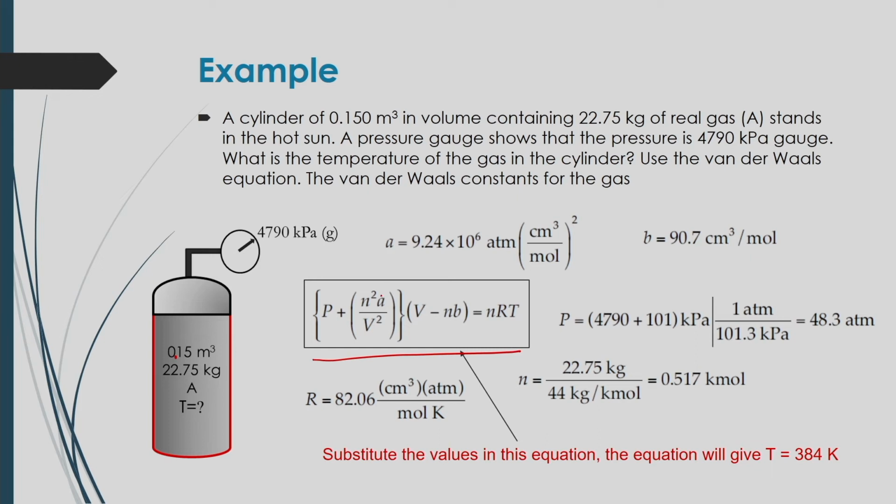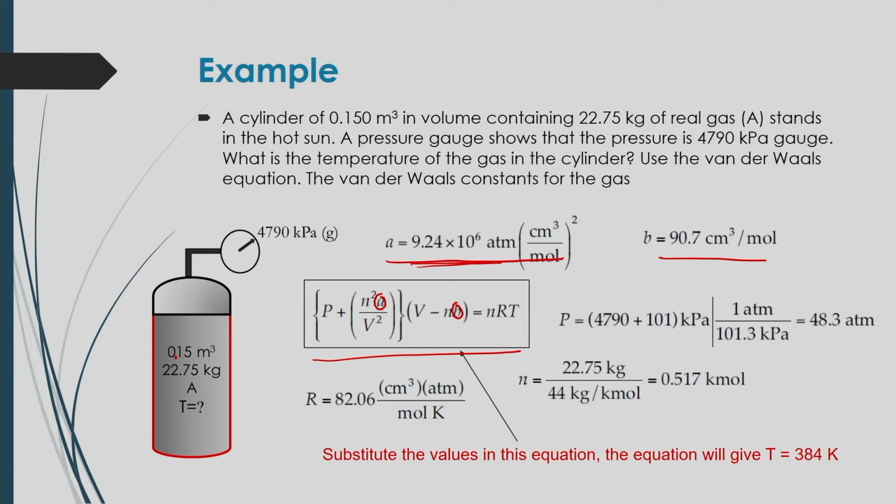For this you need to calculate the A value and the B value. The A value can be calculated based on the correlation, so you can get it directly from this equation, or you can take it from the tables. So the A value will be like this, and the B value will be similarly 90.7, or you can calculate it from the correlations given in the earlier slides.